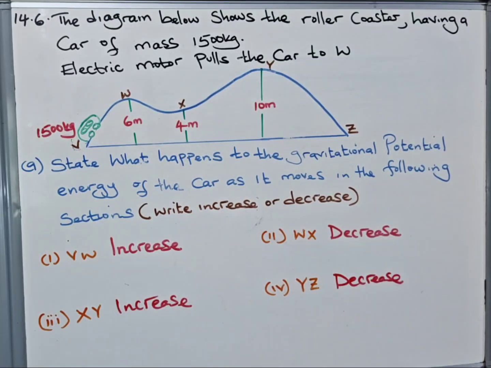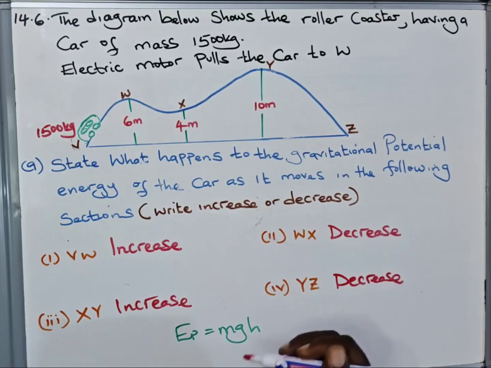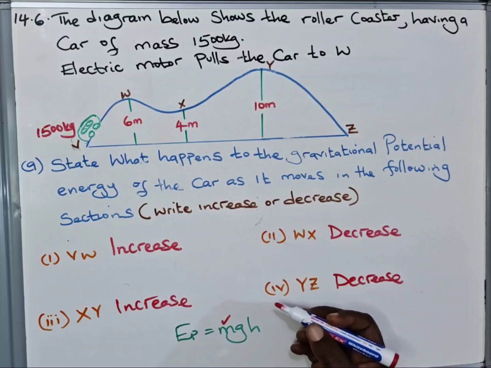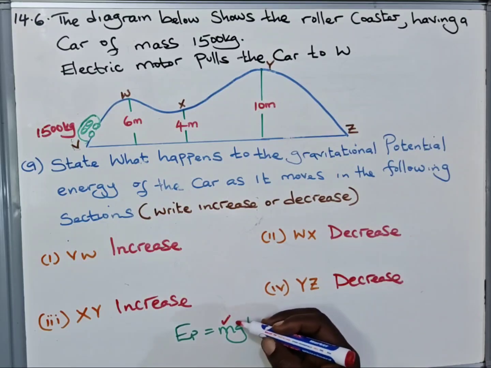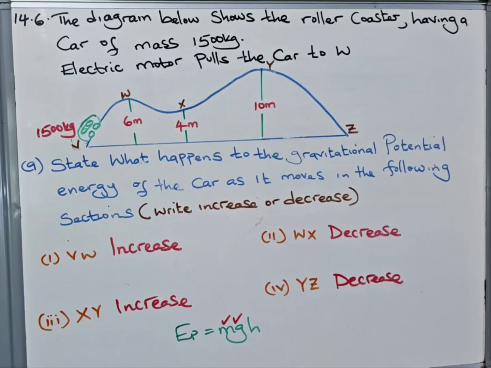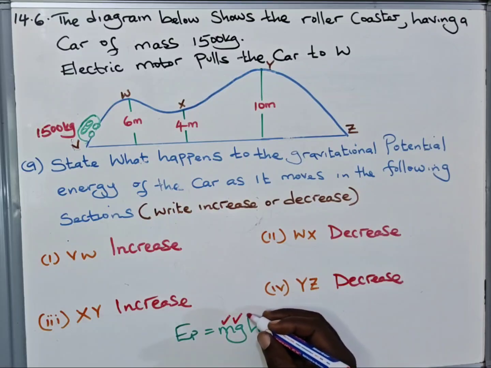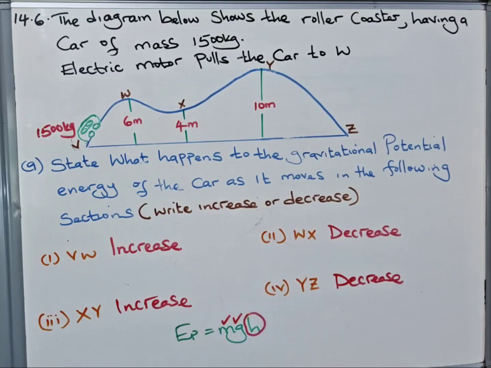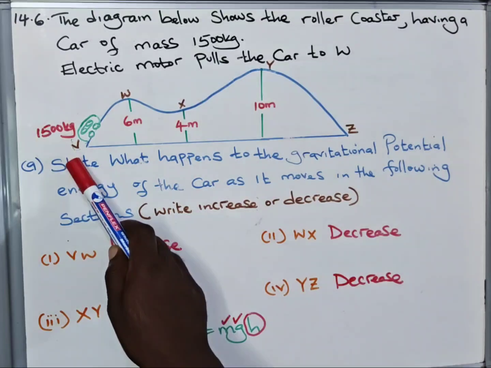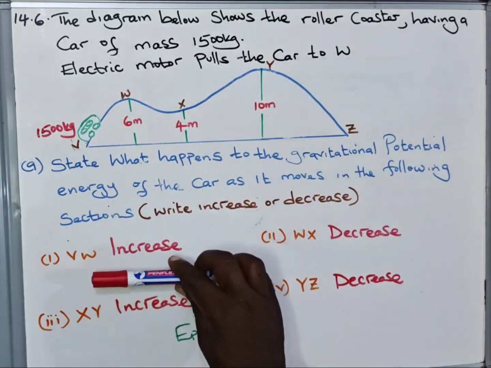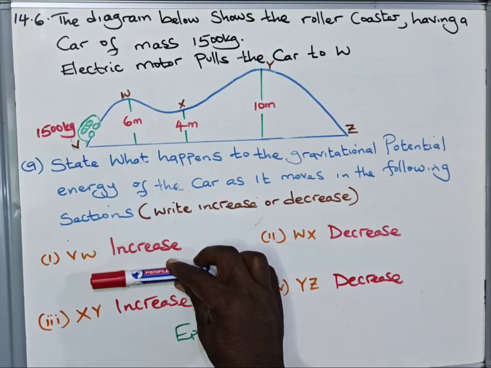Okay, you are going to come to understand that potential energy is represented by mgh, where m is not changing, is constant, and g is constant. So the only variable we have is h. So when h increases, as from V to W, the gravitational potential energy increases.